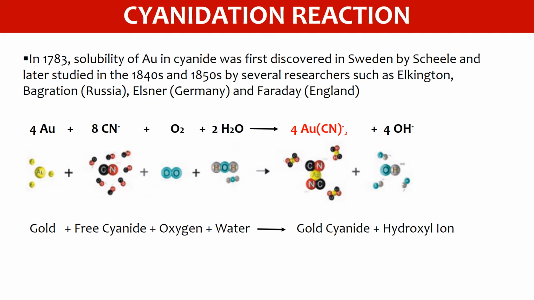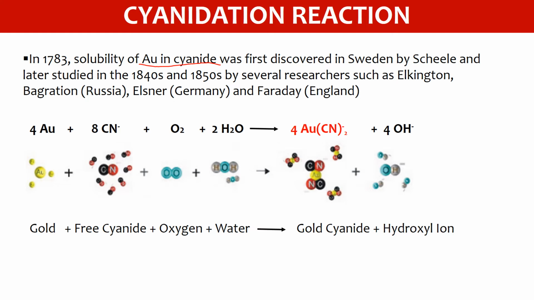And because the technology of using aqua regia was more expensive, and it was also very toxic and difficult to handle, and had a whole lot of other disadvantages, in 1783, in Sweden, and also later in Russia, Germany, and England, the cyanidation of gold was discovered. The use of cyanide to dissolve gold became very prominent, especially in the 1800s.